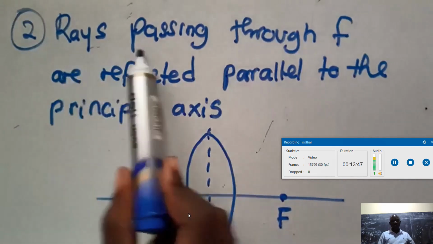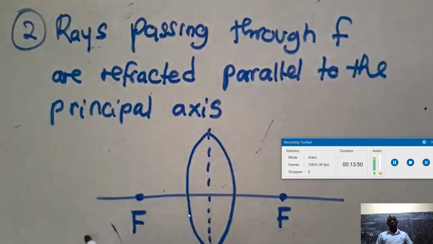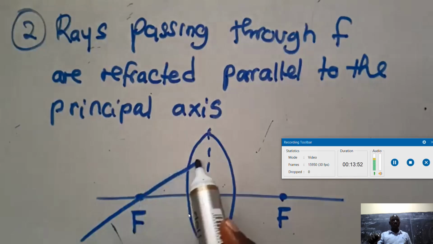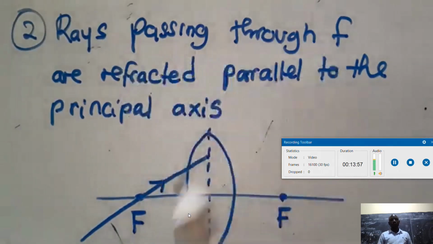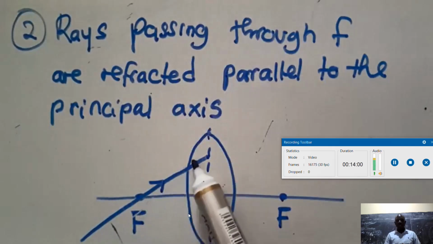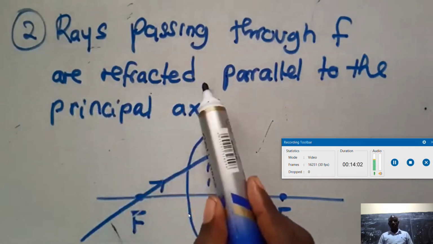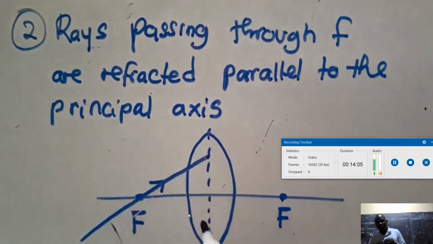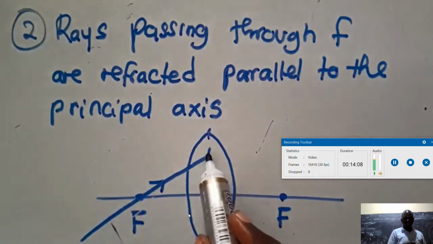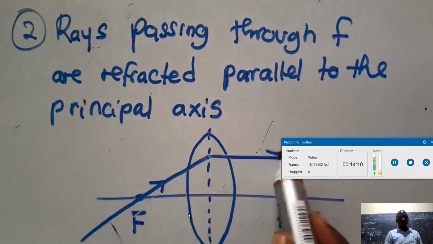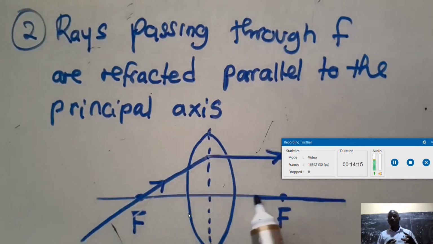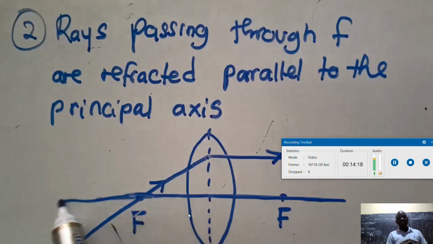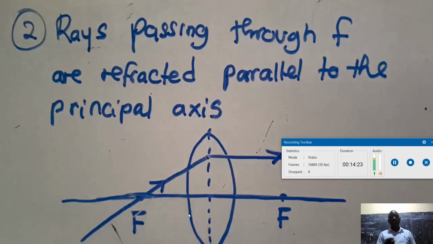Then if on my left hand side there is a ray which is passing through F, meeting the lens, it will be refracted parallel to the principal axis, meaning it will be horizontal like my principal axis. And mind you, when we are presenting the ray diagrams, we always indicate the direction of the movement of the light ray by an arrow.